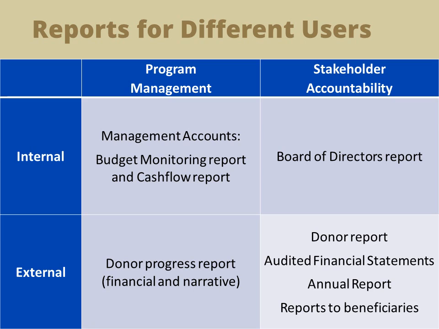You now have a better idea of the many different users of financial reports, both internal and external stakeholders, using financial information for management and accountability purposes. It is not surprising, therefore, that different kinds of reports are needed for different users, as summarized in this table.